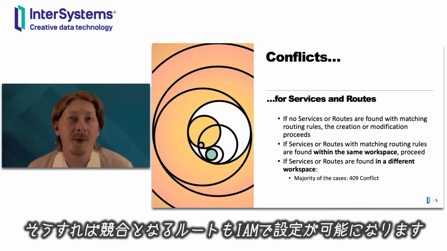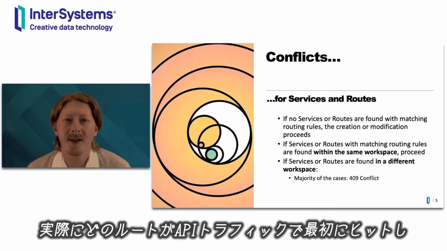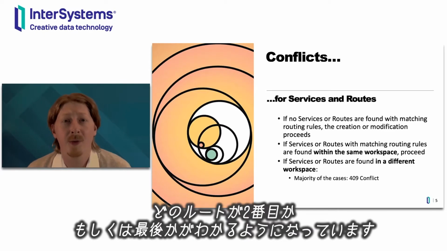So IAM would allow me to set up a route with a conflict. Also, because within the workspace, there's a concept of setting the evaluation priority with the regex priority field so that you can say which route actually hits the API traffic first and which one hits it second or last.